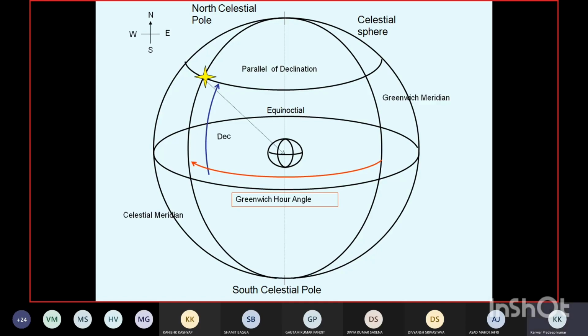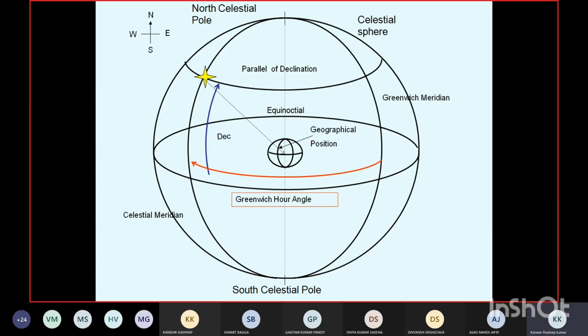If I draw a line from the star to the center of the earth, it will enter the earth at that point where the thin arrow line is. As you rightly said earlier, it is the geographical position of the body, which will match with the latitude and the longitude.